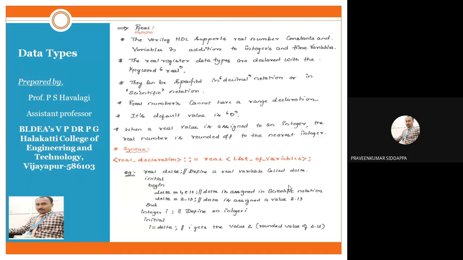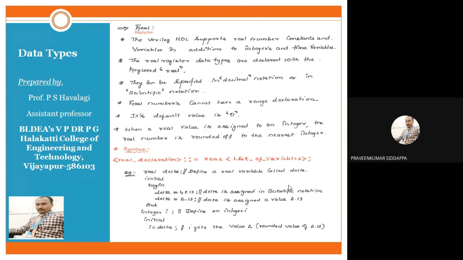How should the standard syntax be written for real numbers? We use the keyword real, followed by a list of variables. We have written some examples. Real delta: delta is a variable, and in that delta we provide some input.